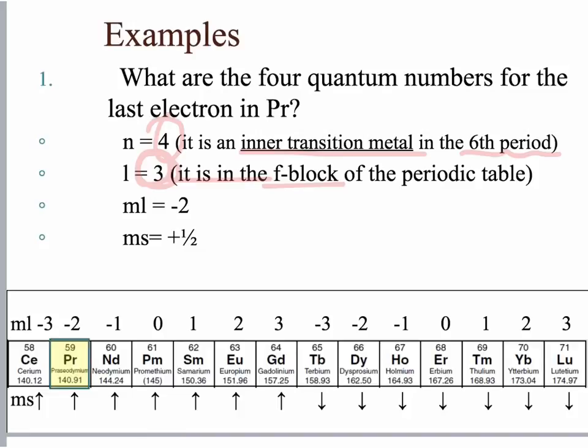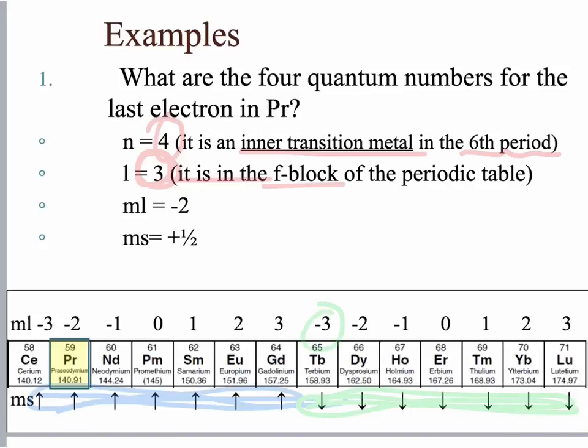M sub L and M sub S, remember we're going to do this thing where we're going to look at the block. Now this block has 7 elements right here that are all spinning up. And then it has 7 elements right here that are all spinning down. And it counts -3, -2, -1, 0, 1, 2, 3.